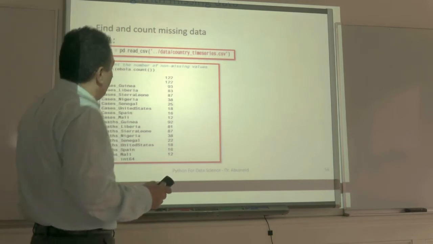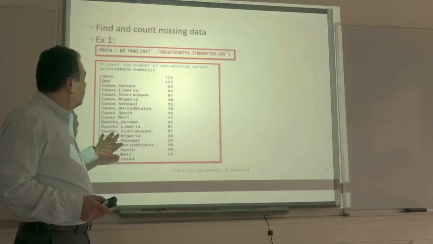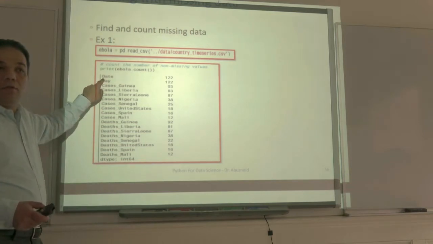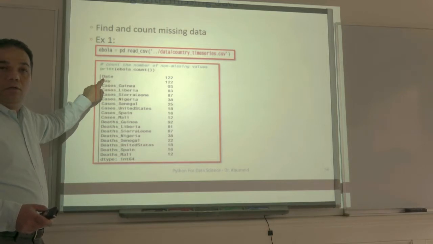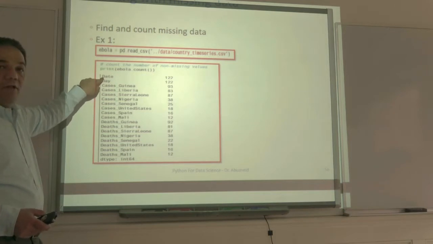If the number of rows is 122, how many missing dates do we have?